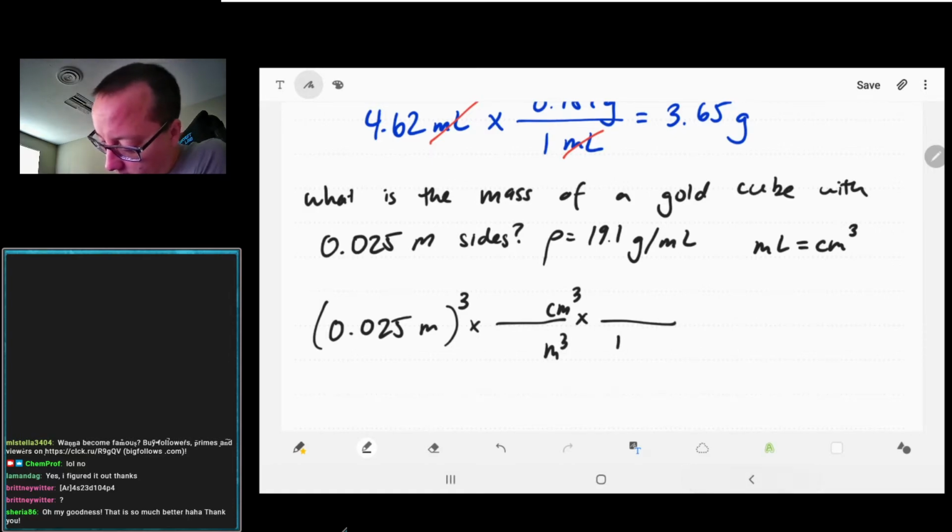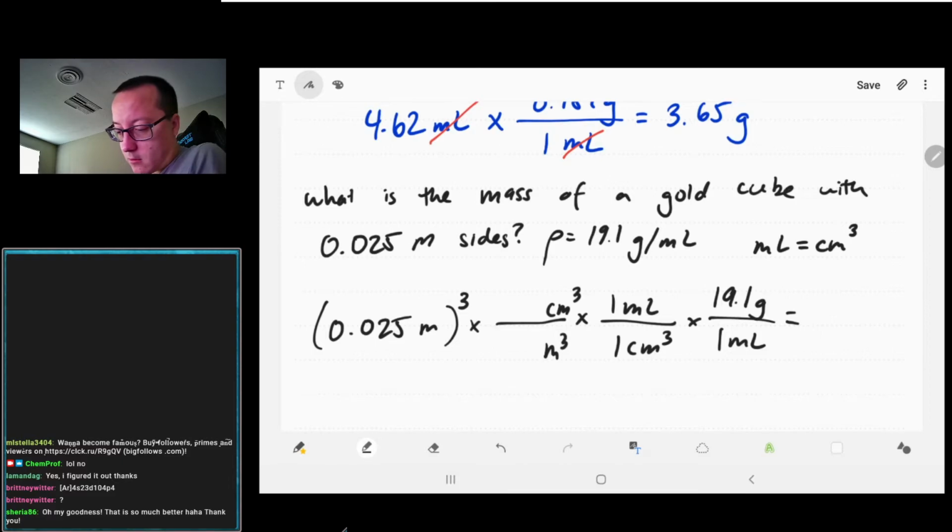Technically we have 1 centimeter cubed, 1 mL, and then we can have our density. Remember, if you have cubic units that you're dealing with, you're going to have to cube the entire conversion factor.